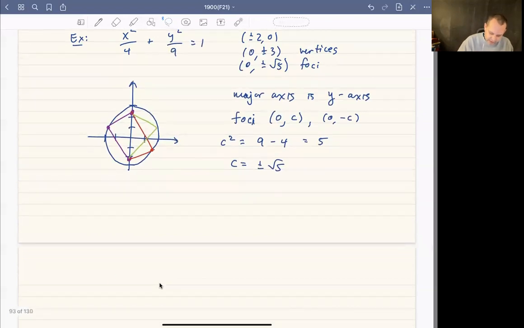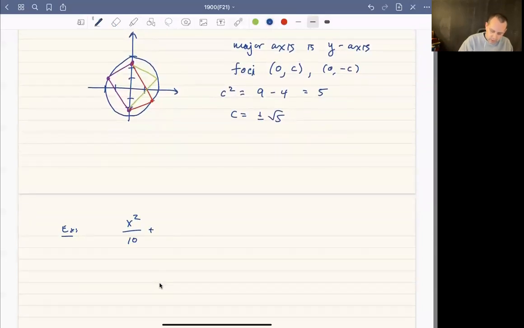So if we were to look at, say, x squared over 10 plus y squared over 3 equals 1, then our x values would go from negative square root of 10 to square root of 10, and our y values would go from negative square root of 3 to square root of 3.